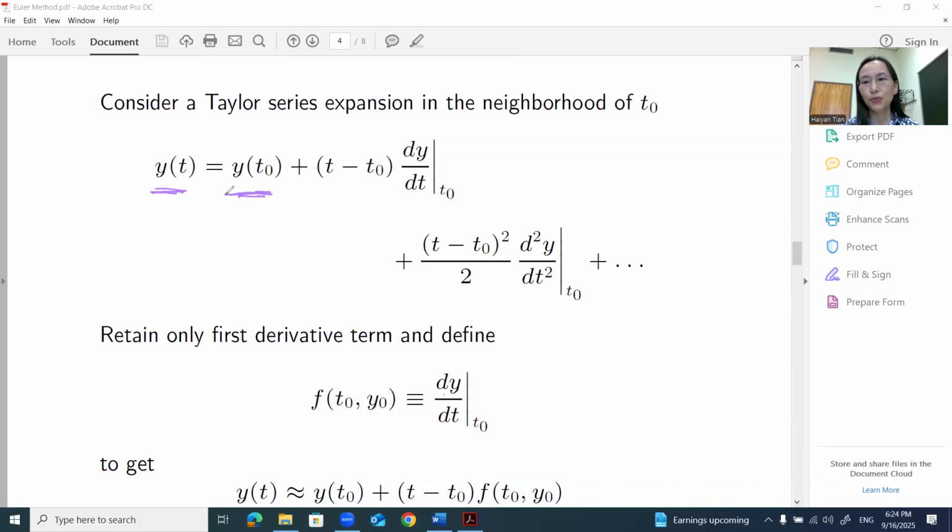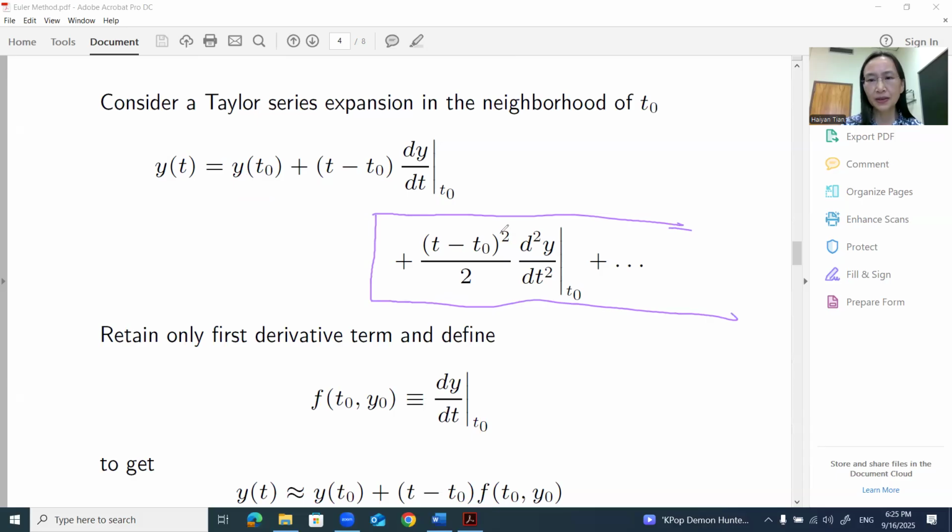Remember we can use y at t0, the derivative of y at t0, and the second derivative of y at t0, and then get this Taylor series form. But for this Taylor series, we truncate all these terms from the second degree.